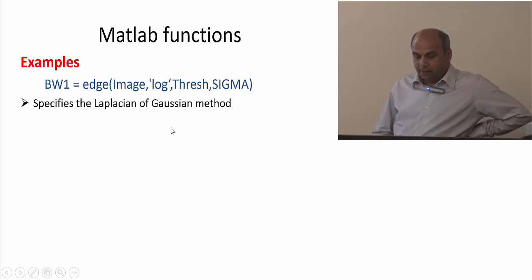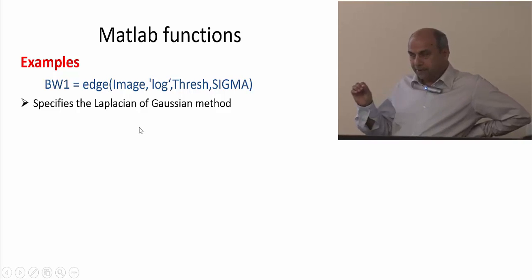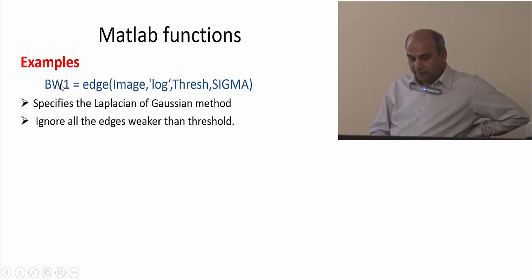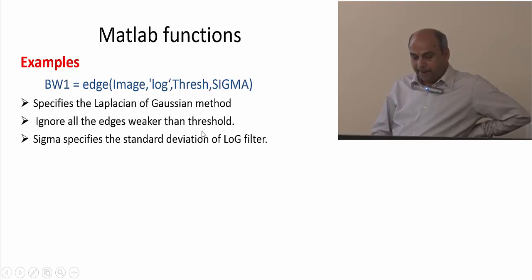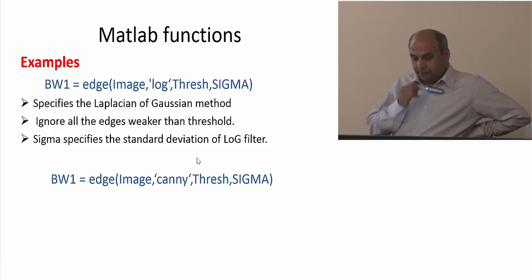It will apply the Laplacian of Gaussian filter to the image and store the result in the BW1 image. It will ignore all the edges weaker than the threshold, and sigma specifies the standard deviation that we're talking about.